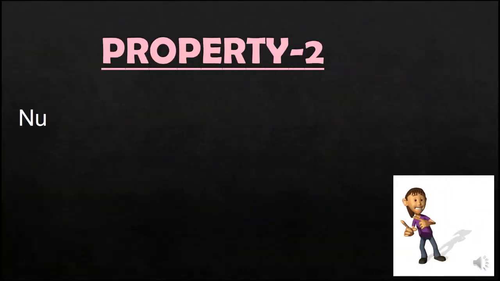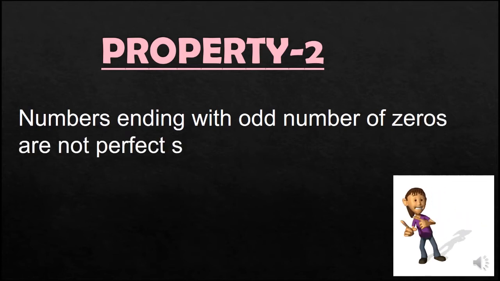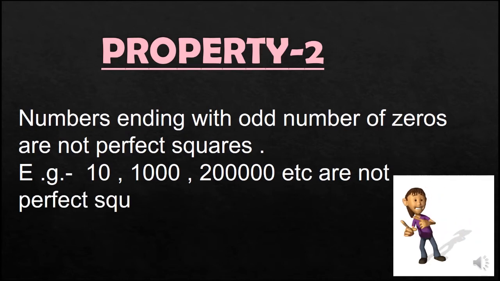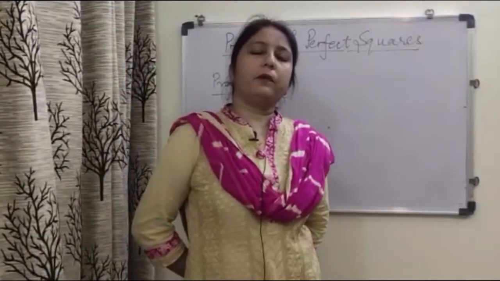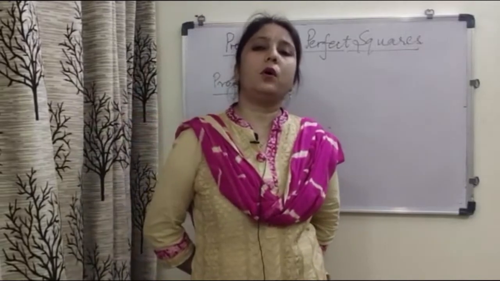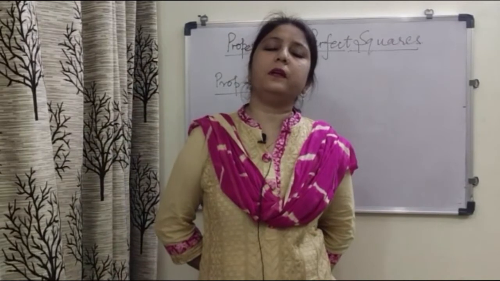According to property 2, numbers ending with odd numbers of zeros are never perfect squares. Example: 10,000, 2 lakh, etc. are not perfect squares. In the second property, children, you have seen that numbers ending with an odd number of zeros are never perfect squares.